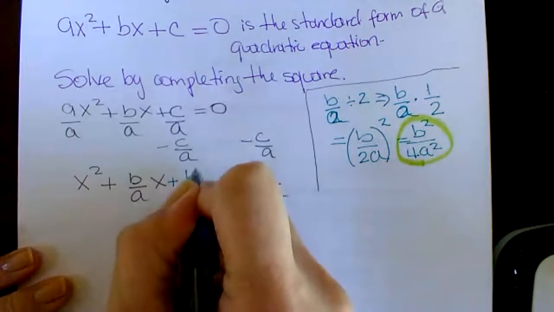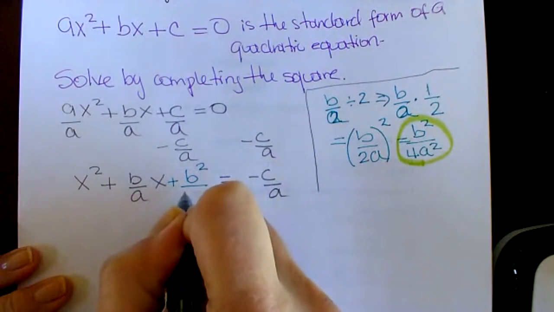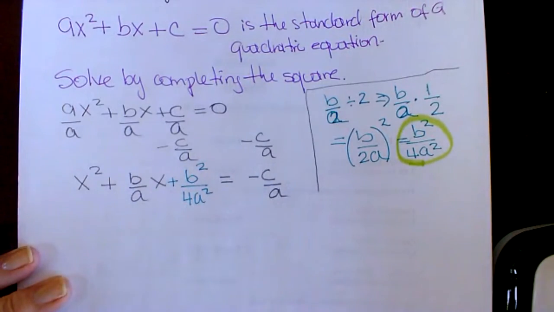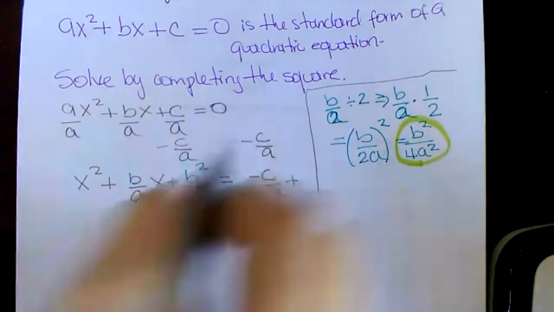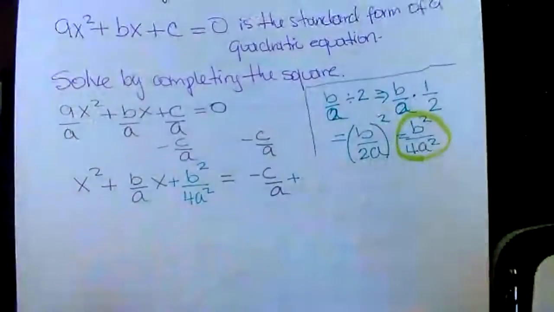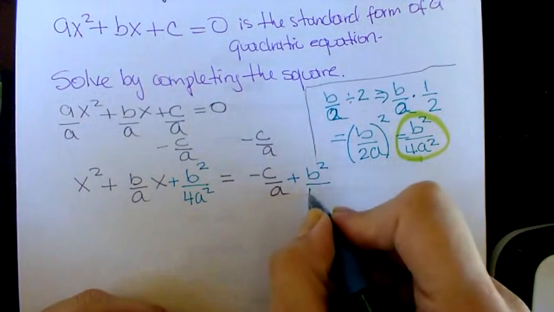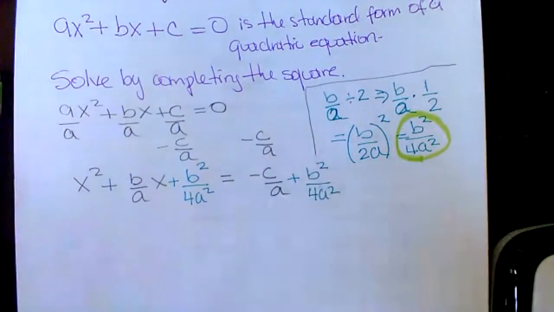It's going to be b squared divided by 4a squared, and on this side it's going to be b squared divided by 4a squared, okay?